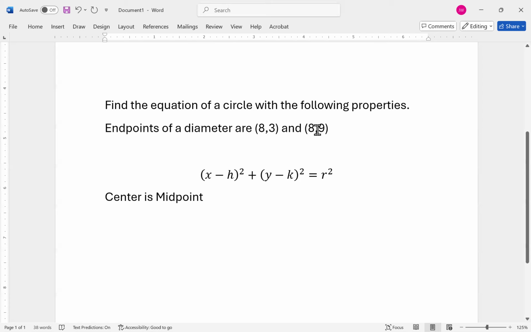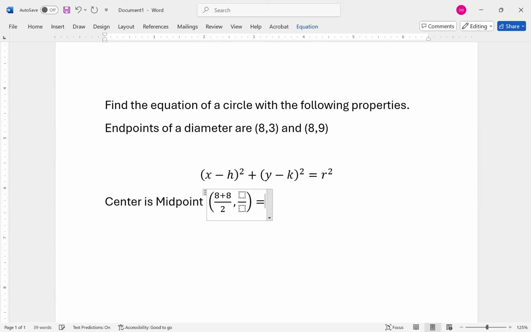And if we calculate a midpoint, remember to do a midpoint, you actually just do the average of the x values. That's really easy in this case. 8 plus 8 over 2 gives you 8. So you knew the midpoint was going to have x value of 8.